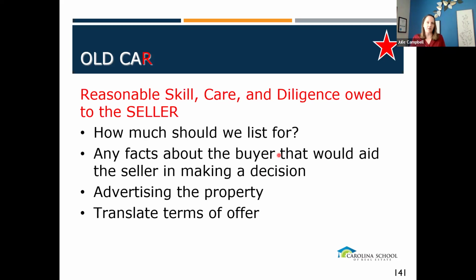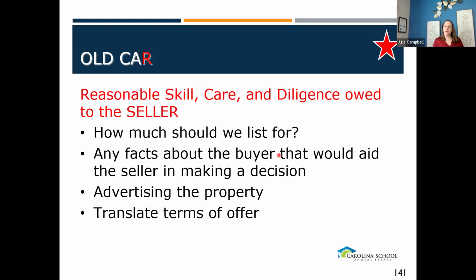I got to look at the values of that neighborhood. I have to pull what's referred to as comps or comparables. We'll talk about that in Unit 17. When I'm answering the question, how much should we list it for? I'm providing a reasonable answer. What do I, in my professional opinion, feel that we can sell your house for?